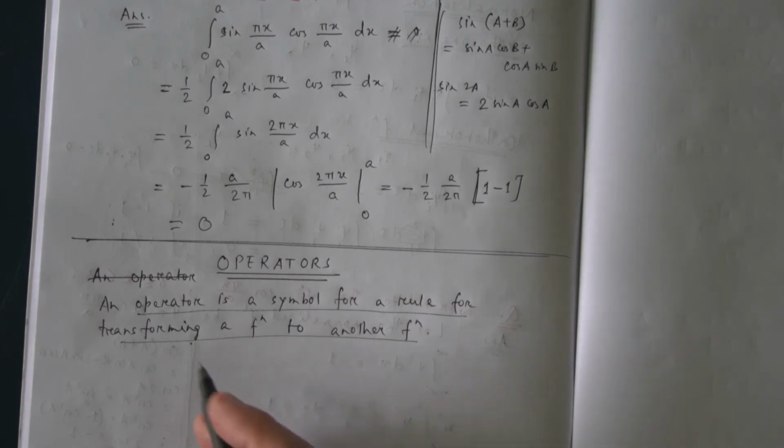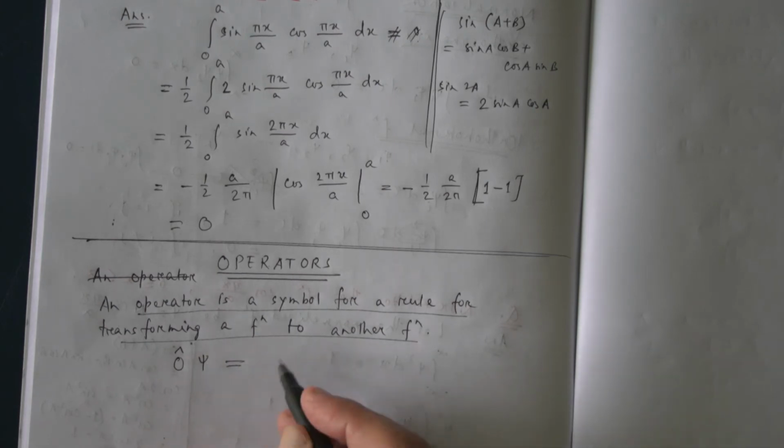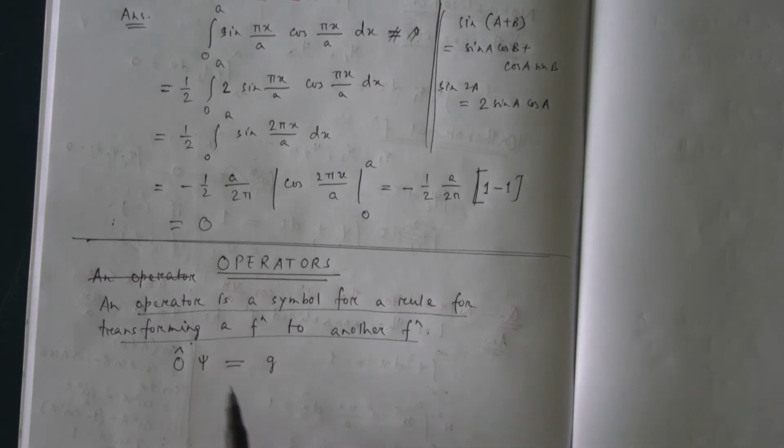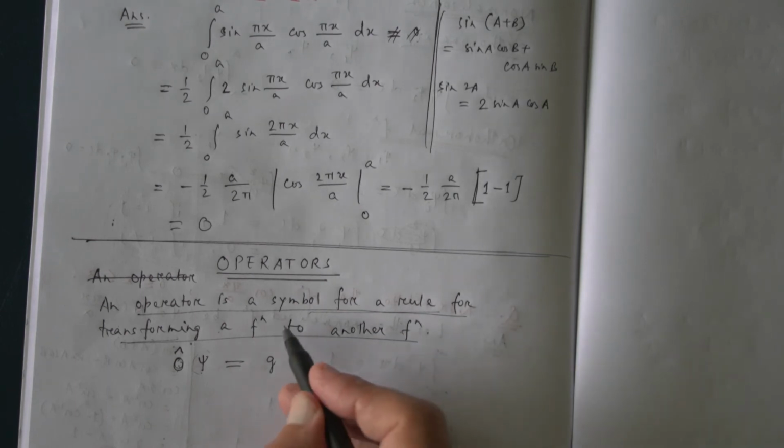And when an operator operates on a function, the function changes to another function. When an operator O cap operates on a function, the function changes to another function. That is given in the rule, transforming a function into another function.